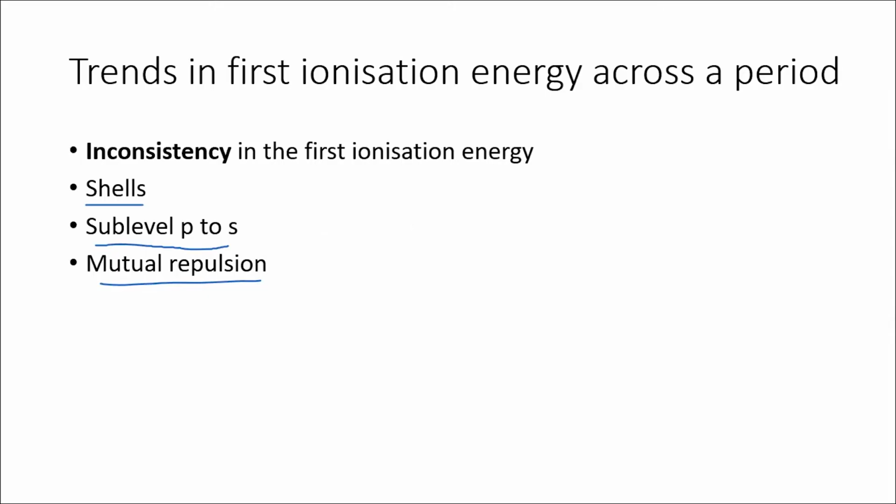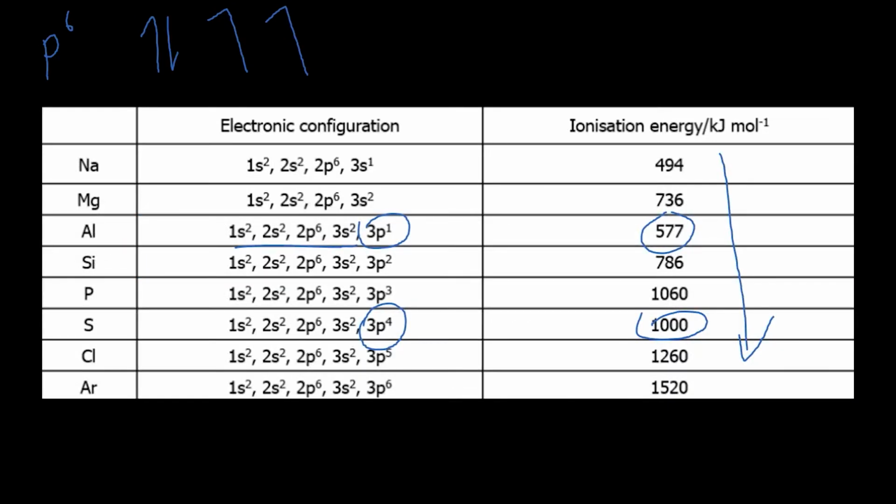Let me draw it again for you. So this one after. This is Hund's rule. You have to fill it one by one. So yeah, this is a result of mutual repulsion.